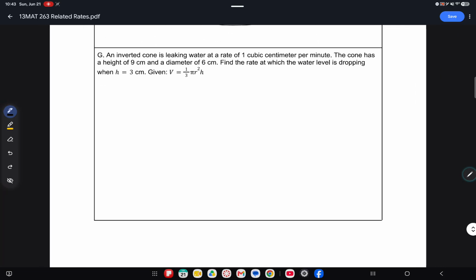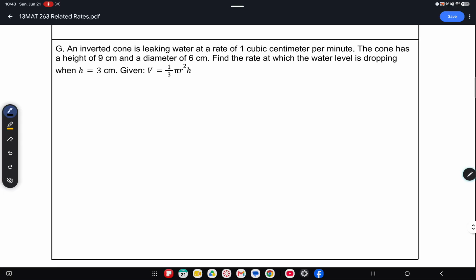All right. An inverted cone is leaking water at a rate of 1 cubic centimeter per minute. So dV dt is -1 cubic centimeter per minute. The cone has a height of 9 centimeters, a diameter of 6 centimeters, which I don't know if we need, but radius would be 3 centimeters.